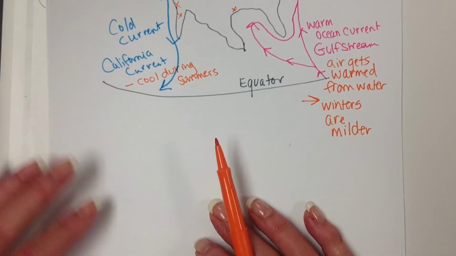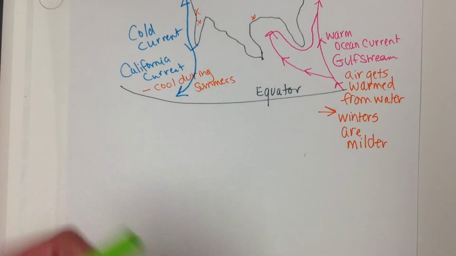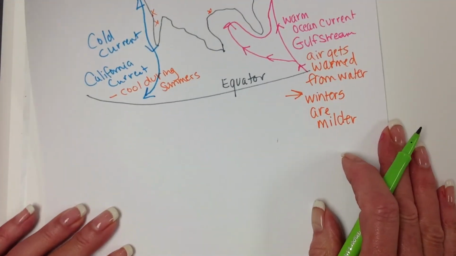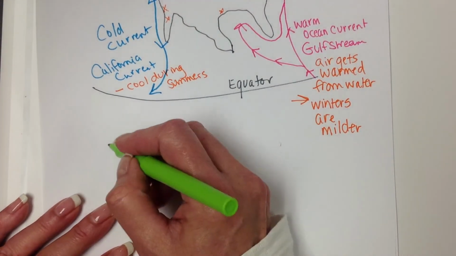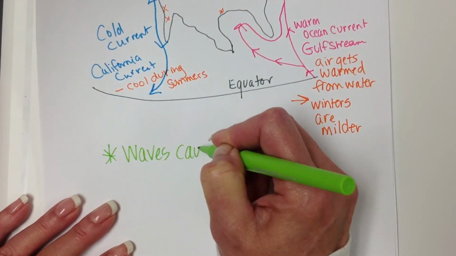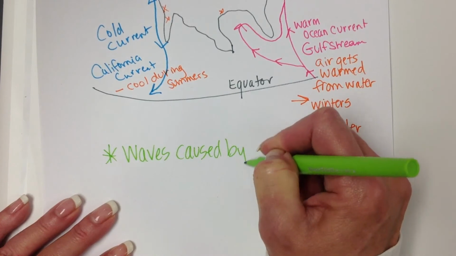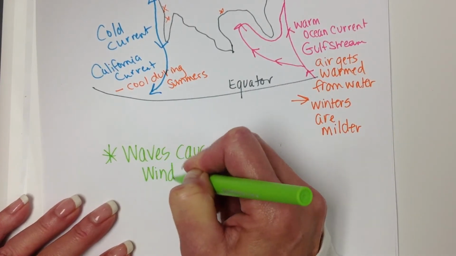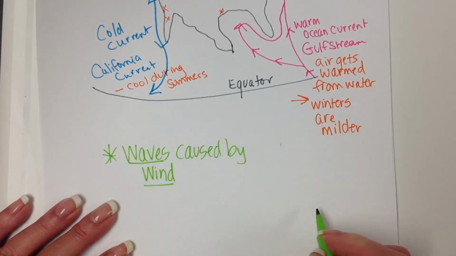Real briefly, what causes two things that you are probably still a little confused about. Waves are caused by wind. So when the wind blows, that gives you ocean waves.